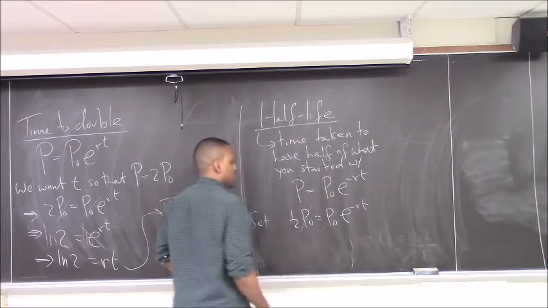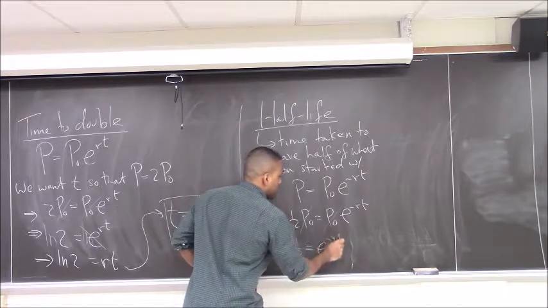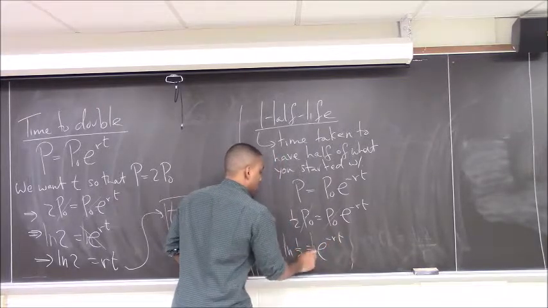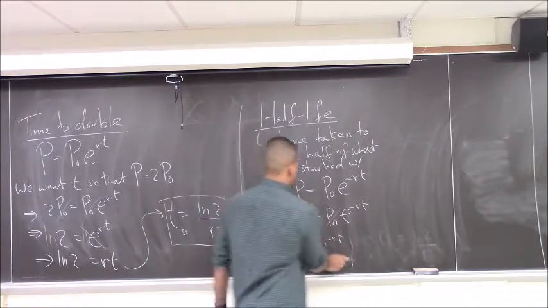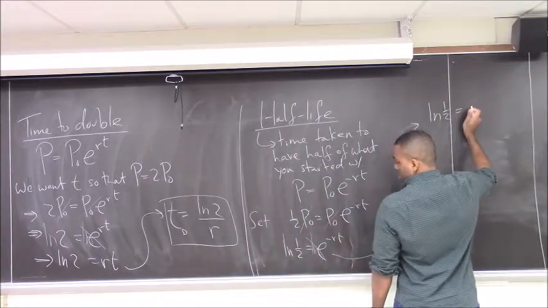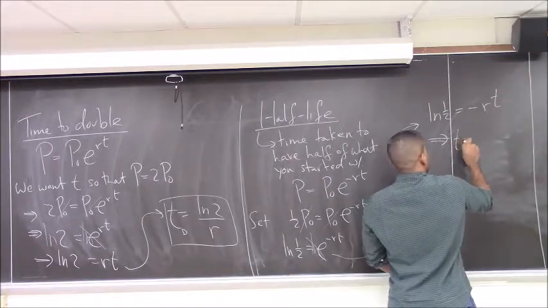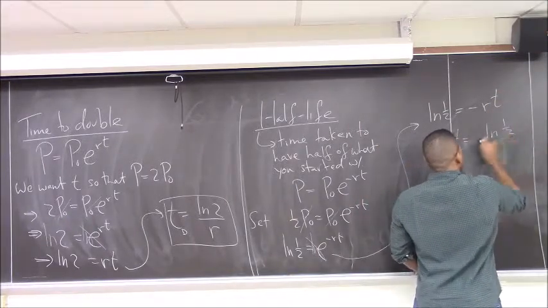Again, divide both sides by P₀. We can ln both sides. This cancels, so we have ln of 1/2 equal to -rt, which means t is equal to ln of 1/2 over -r.